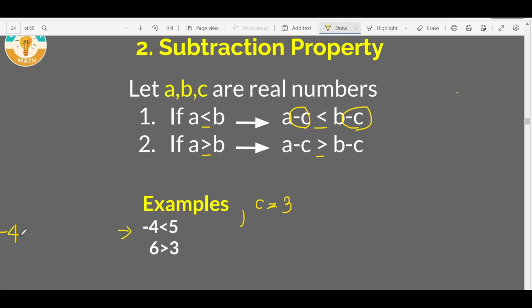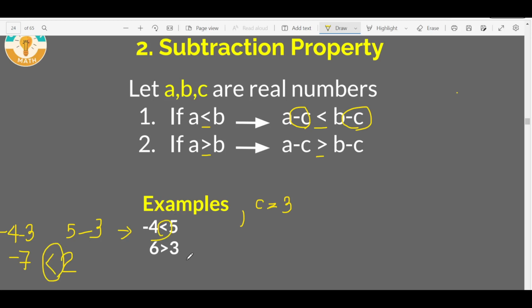So I will subtract 3 from both sides: minus 4 minus 3, and 5 minus 3. So what will I get? Minus 4 minus 3 is minus 7. 5 minus 3 is 2. So which one is greater? The 2 is still greater. So less than remains the same, only less than.